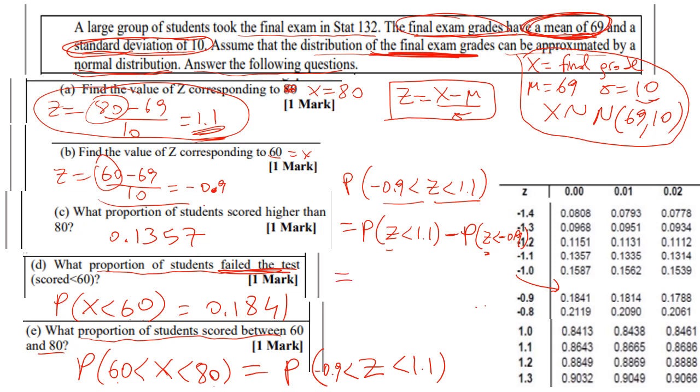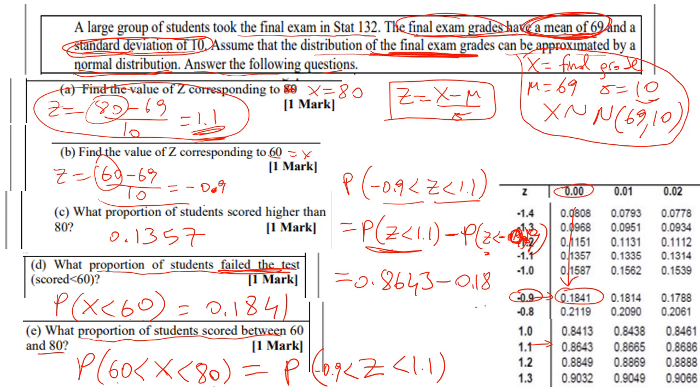What is the area for this? Look, 0, 0, and 1, 1, so it makes 0.8643 minus the value for negative 0.9, which corresponds to these two values and 0.